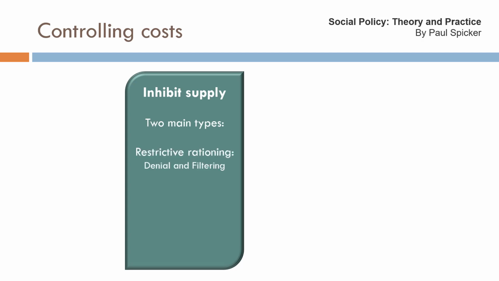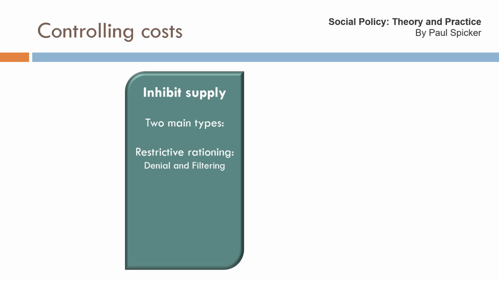And there are two main restrictive types. The first is denial, where there are eligibility criteria to specify who gets treatment at certain points of entry into the system. So if there's eligibility criteria, that means some may be denied services.